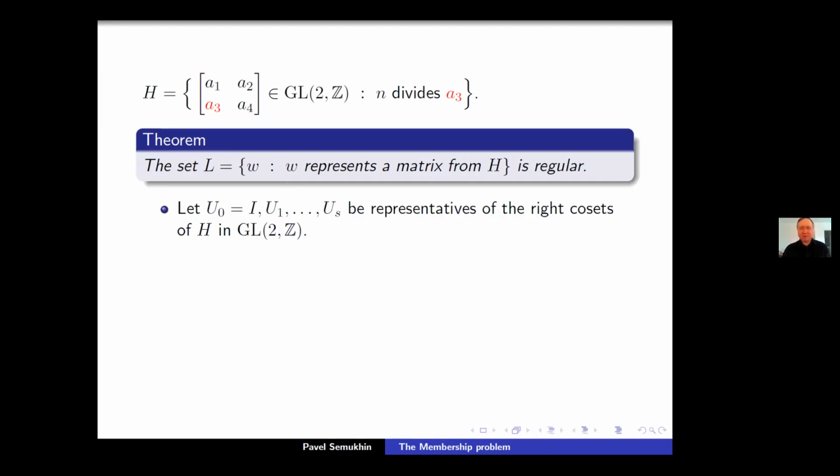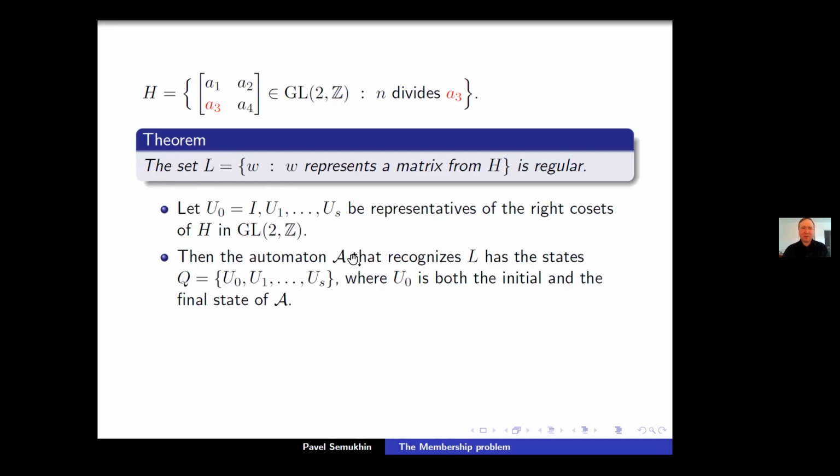The proof of this theorem is actually quite simple, and it goes as follows. Let us choose representatives of the right cosets of this group H in GL2Z, and let's call them U0, U1, up to Us, where U0 we can choose to be equal to the identity matrix.